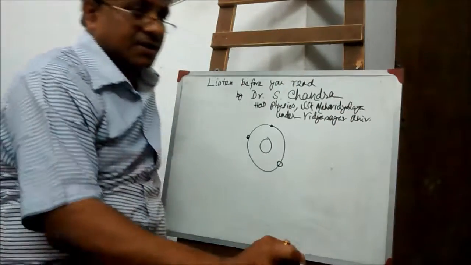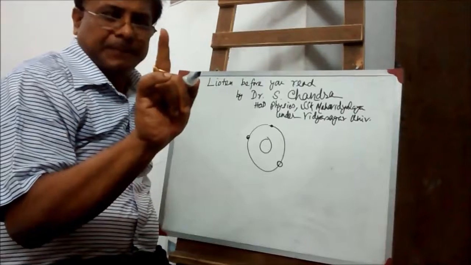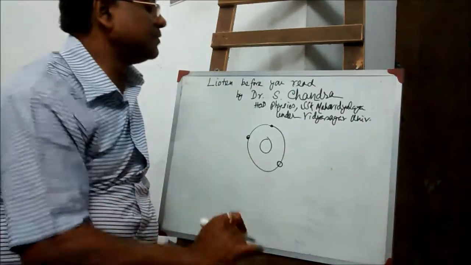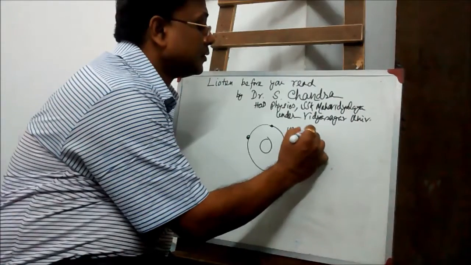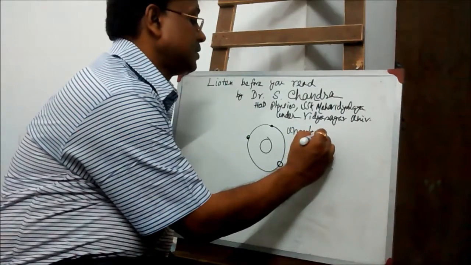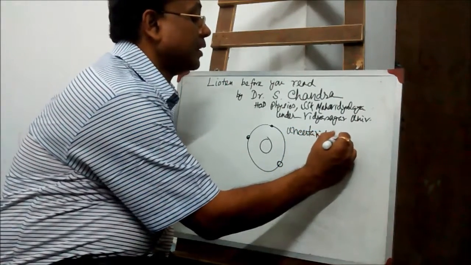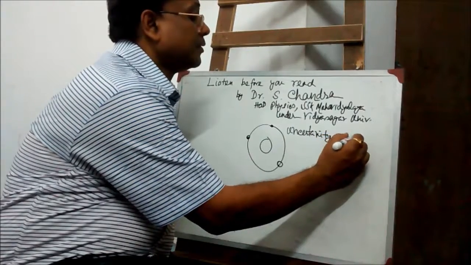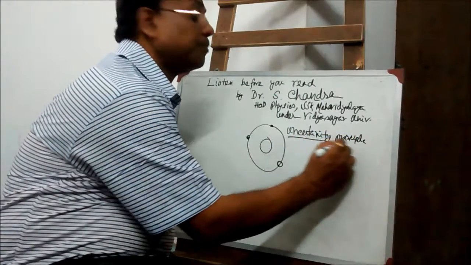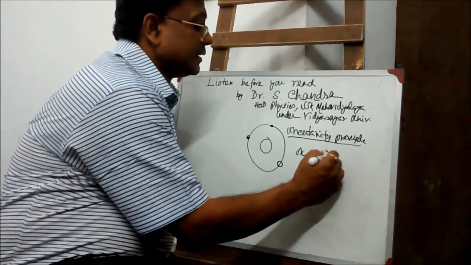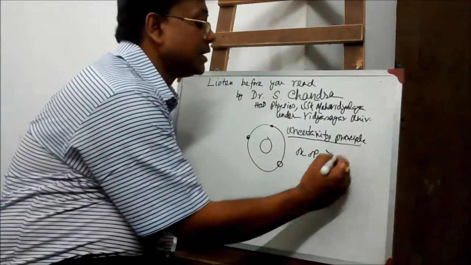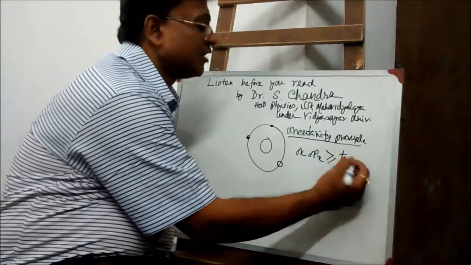But then came Heisenberg's uncertainty principle. It is written as delta x times delta px is greater than or equal to h-bar by 2.